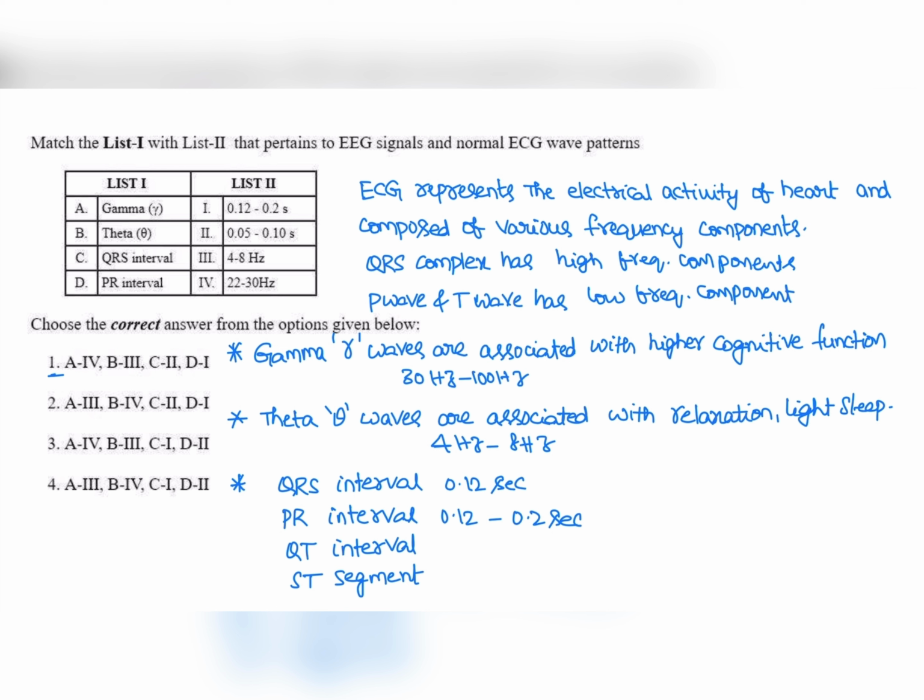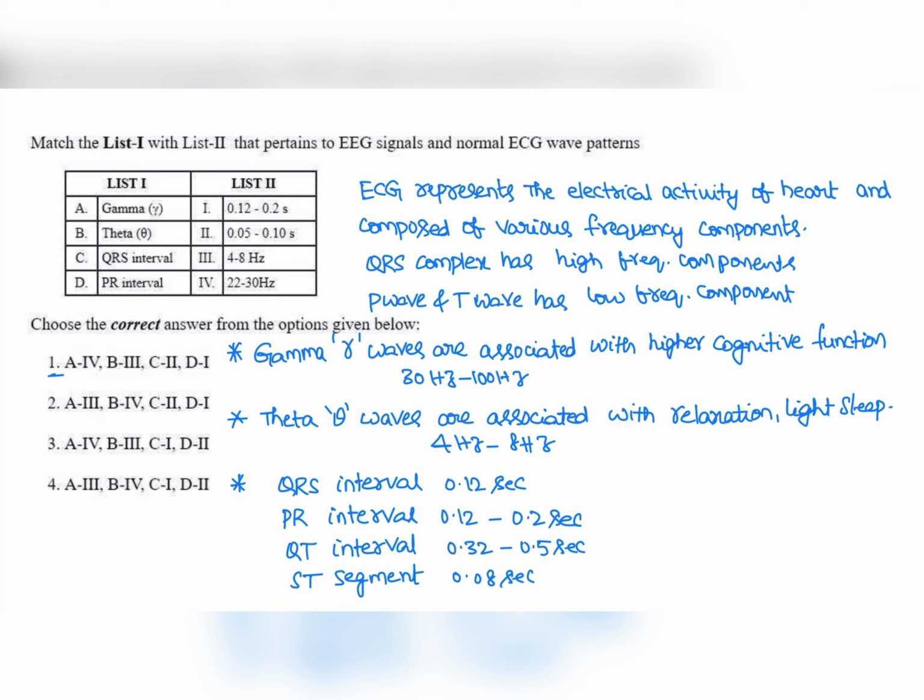The QT interval is 0.32 to 0.5 second, and the ST segment is 0.08 seconds. So from this, the correct option is 1.